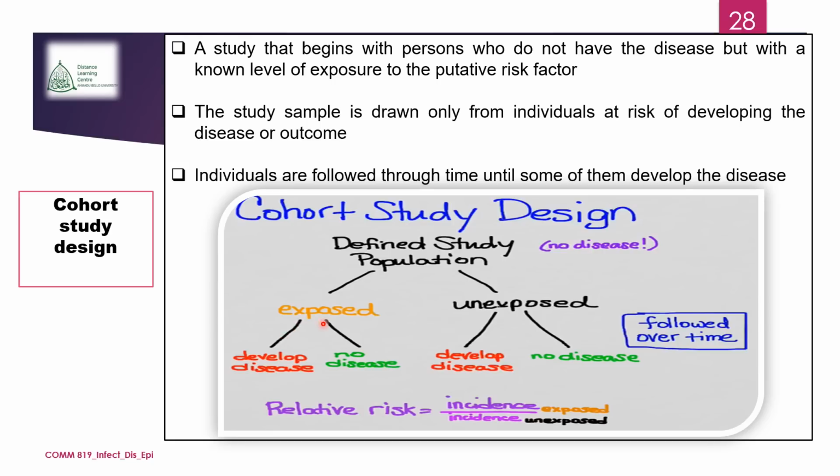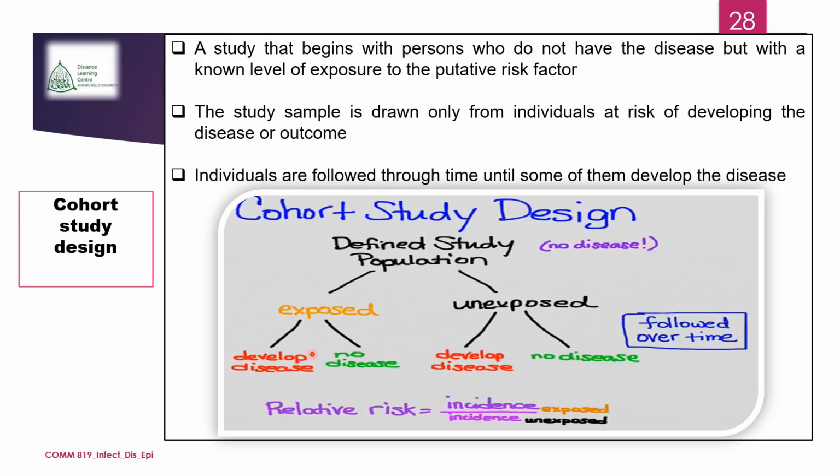Then you follow them over time to see whether those that are exposed eventually develop the disease or no disease. While those that are unexposed, also you follow them over the same time to see whether any of them will actually develop the disease or no disease.